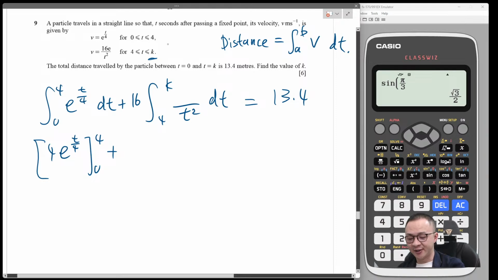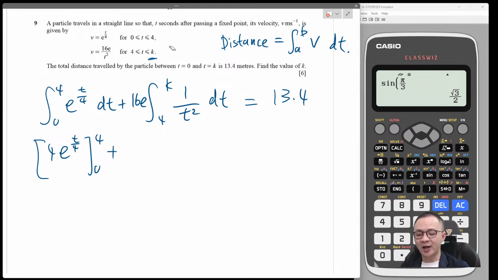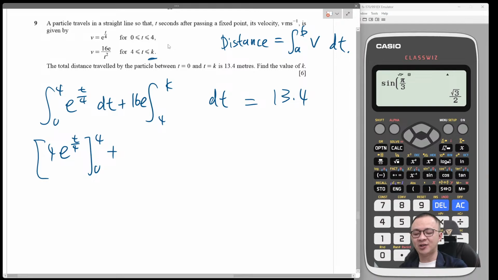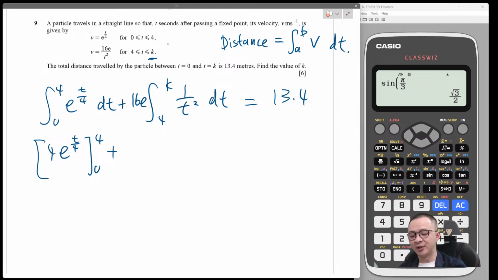This is 1 over t squared, which I can also call t to the power of negative 2, right? Or if you don't like, you can just write 1 over t squared if you know how to integrate already. So 16e is outside. So this one, I should get negative 1 over power plus 1 divided by total power, right? Yeah, 1 over t, 4 to k.